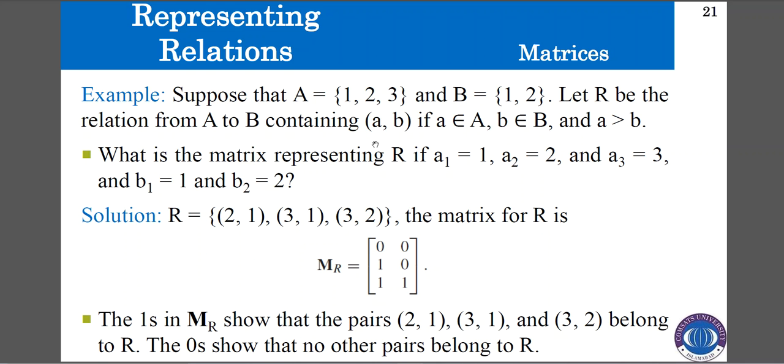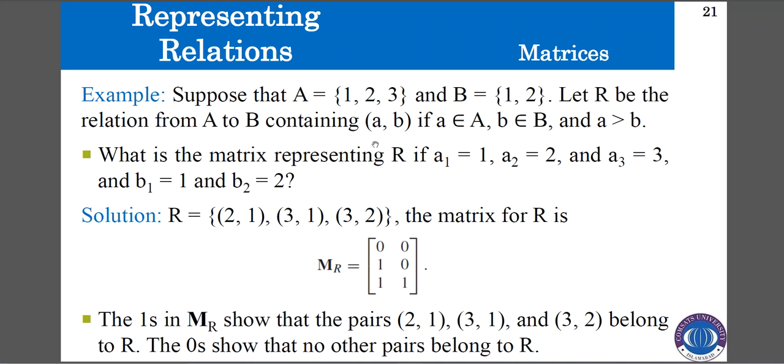What is the matrix representation of R if a1 = 1, a2 = 2, a3 = 3 and b1 = 1, b2 = 2? Solution: R is {(2,1), (3,1), (3,2)}. The matrix for this is MR with rows 0 0, 1 0 and 1 1.